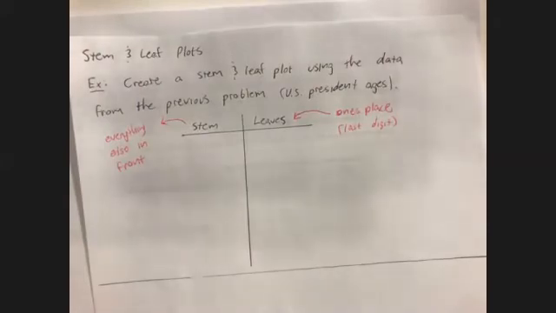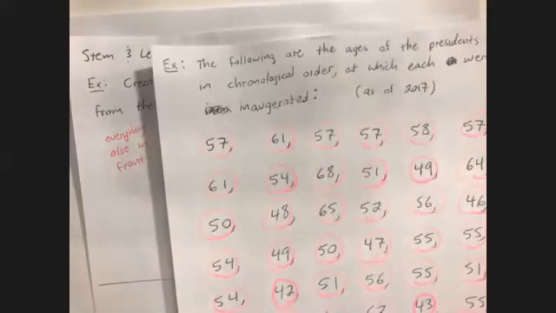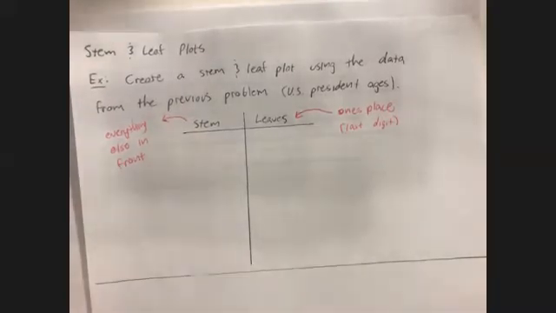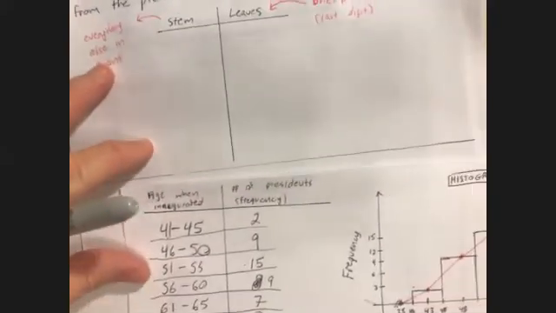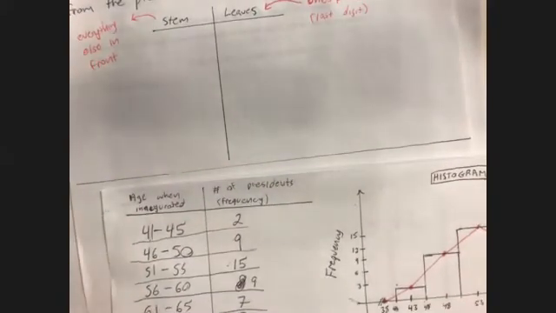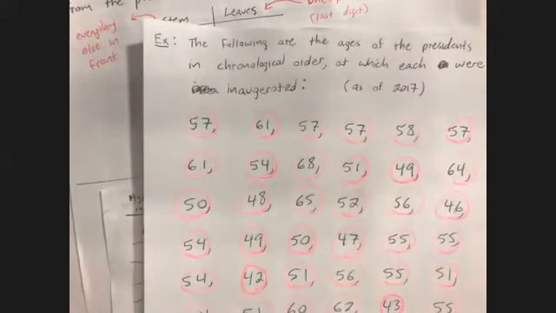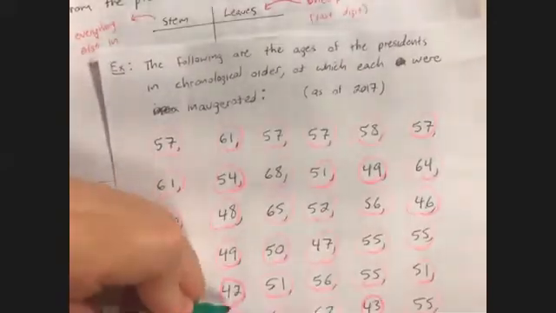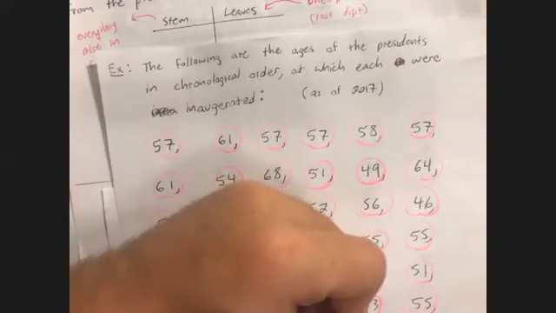All right. I think what I'm going to do is take this same data, the same page I've got, and circle these in green. Using what I've got here, I know that there are two values between 41 and 45. So let me find those. 42, 43.